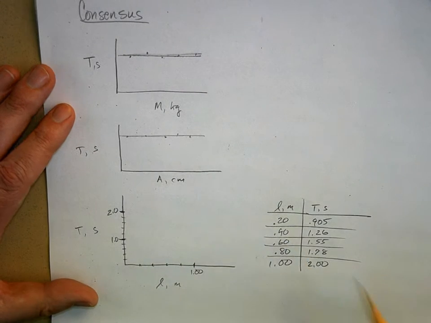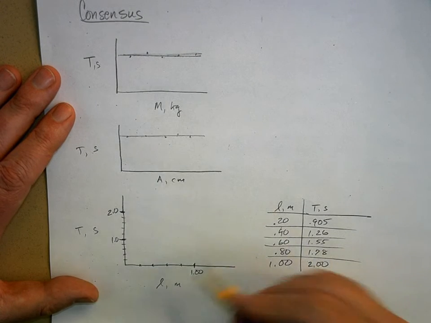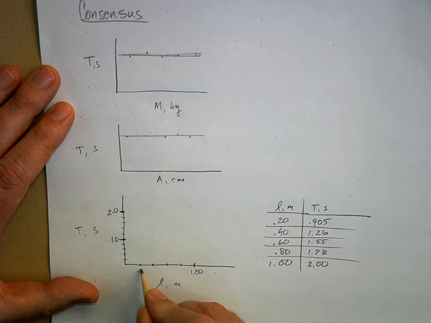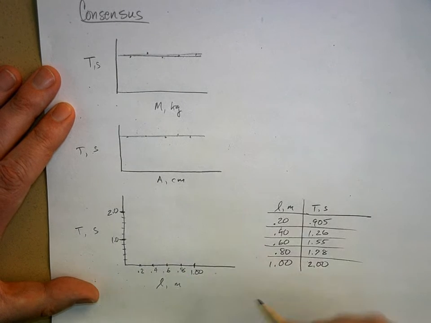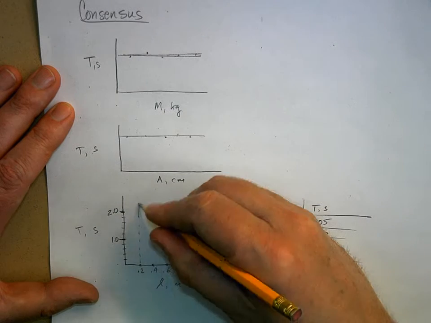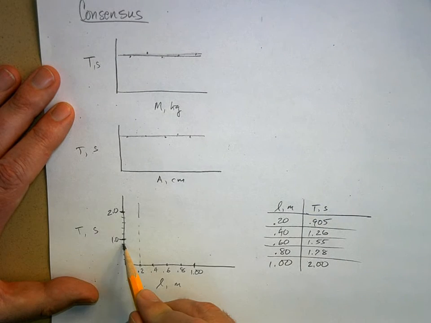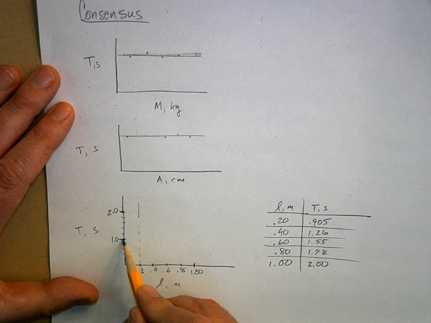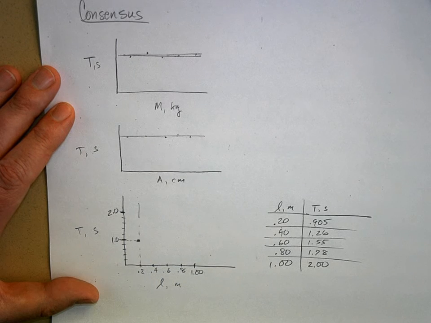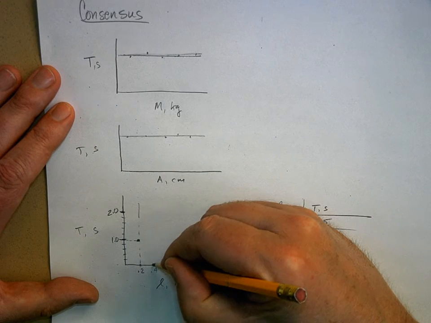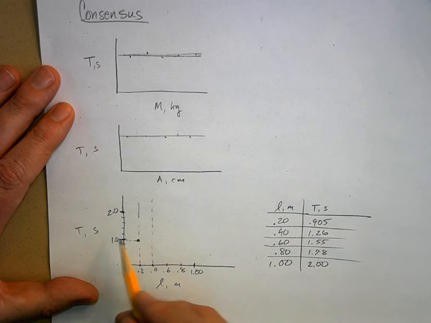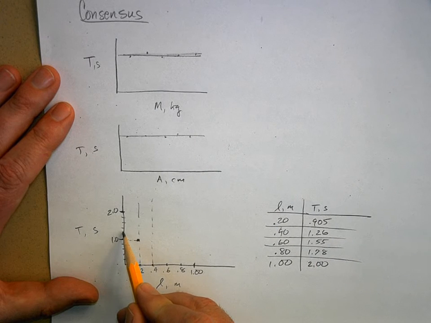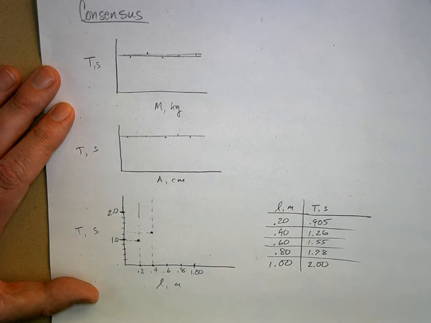Now I'm going to graph these. At 0.2, it's 0.905. So this is 0.2, 0.4, 0.6, 0.8. So that'd be right about here. At 0.4, it's 1.26. So here's 1, 1.2, 1.26 would be right about there. Well, that's nice.